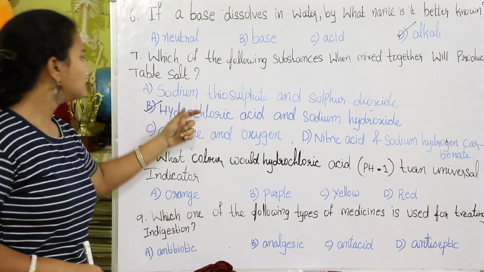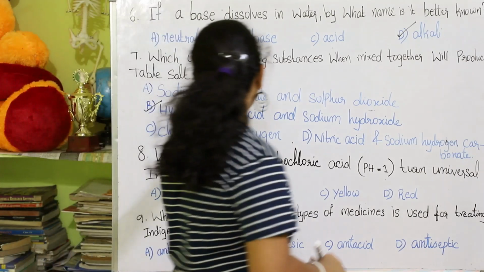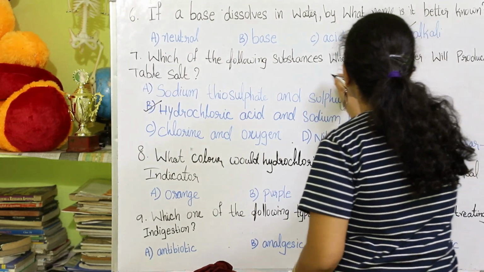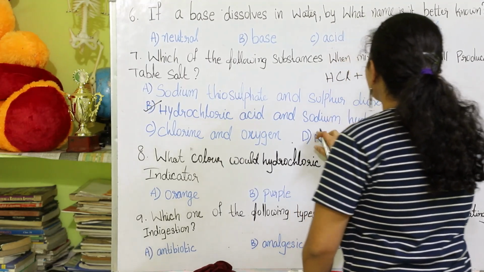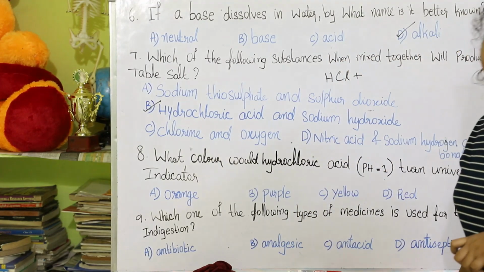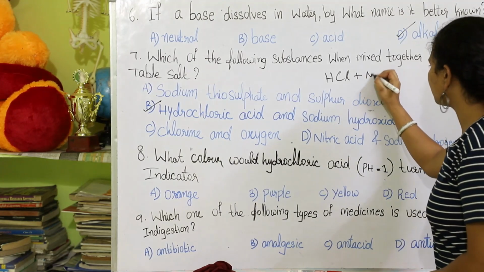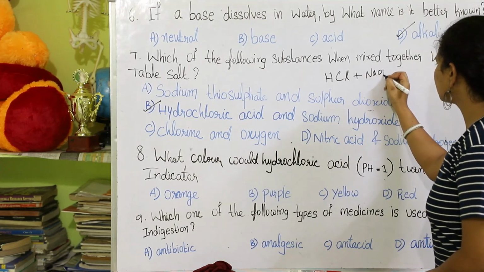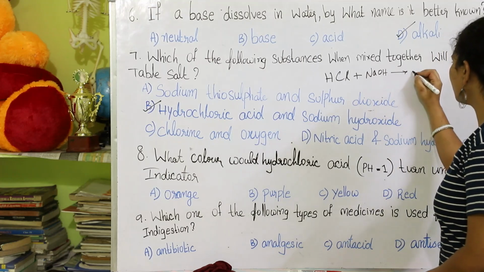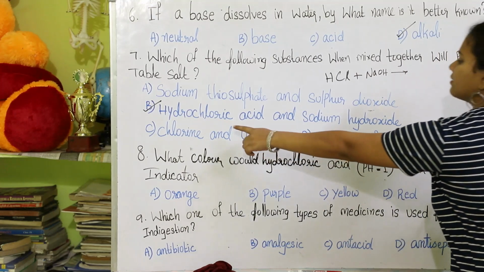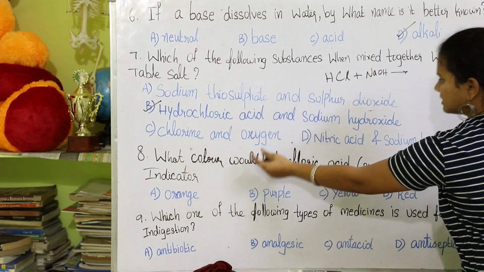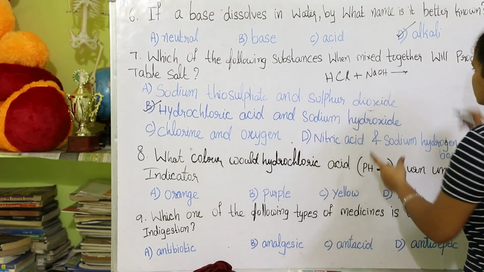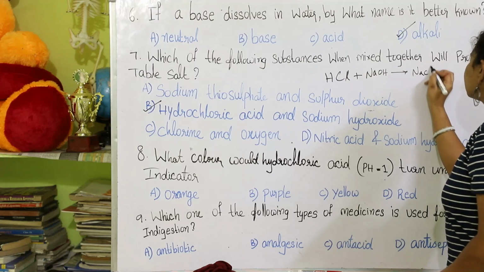So firstly, here you have HCl. Let me write down the equation over here. HCl plus sodium hydroxide. Sodium means Na, right? Sodium hydroxide means NaOH. So if we add hydrochloric acid plus sodium hydroxide, it gives rise to NaCl.